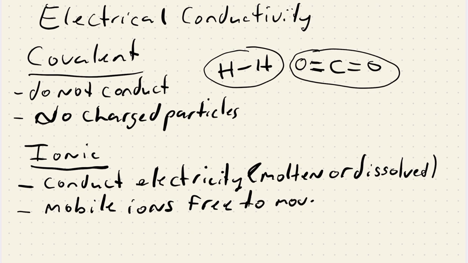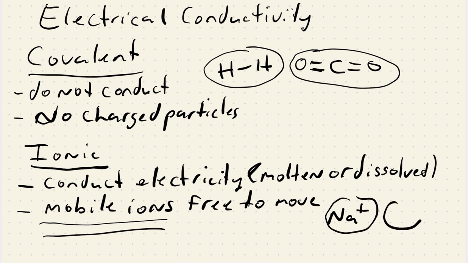It's very important that in the exam, if they ask you, you write the term mobile ions. If we look again at sodium chloride as an example, as a solid, these ions will be locked in like that. We know that solids have this compact fixed arrangement. But if they were a liquid, then these ions, especially the negative chlorines, would be free to move around, and that would mean it could conduct electricity.